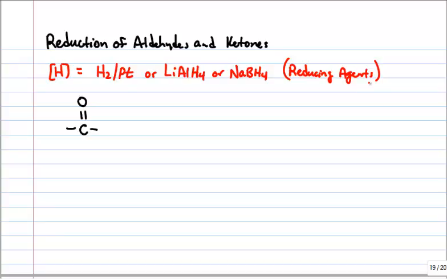But what we know is, when you reduce a carbonyl-containing molecule like an aldehyde or ketone, a hydrogen is added to the oxygen, a hydrogen is added to the carbon of the carbonyl, and one of the double bonds goes bye-bye. So what you end up with is the following.